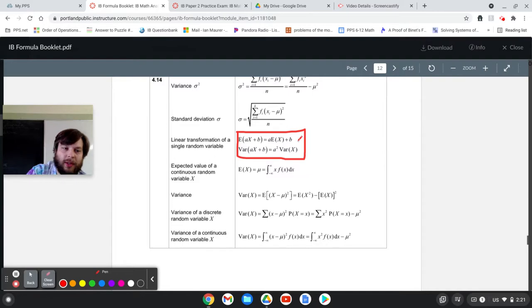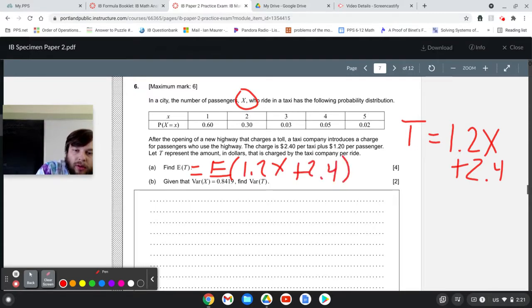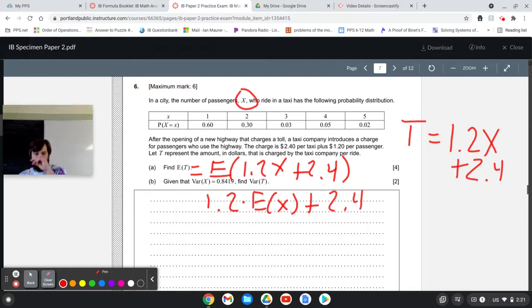You're essentially distributing the expectation. So the expectation of t is equal to the expectation of 1.2x plus 2.4, which is equal to 1.2 times E of x plus 2.4. So we just need to figure out what E of x is.